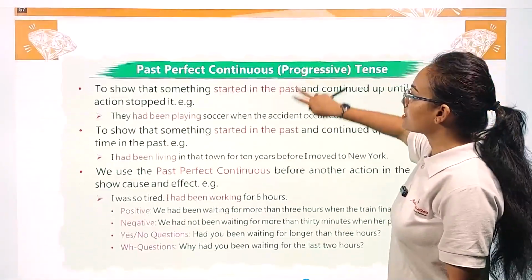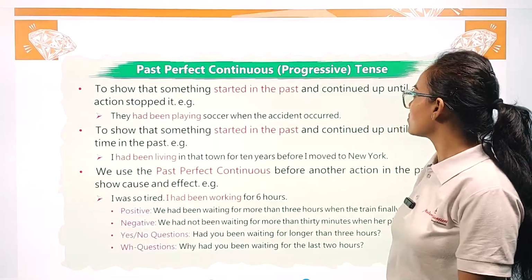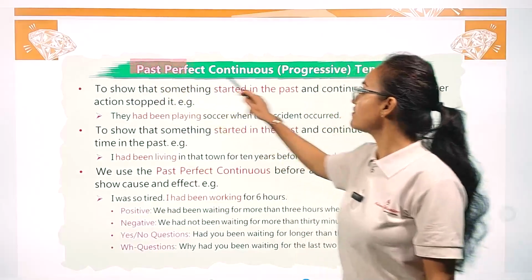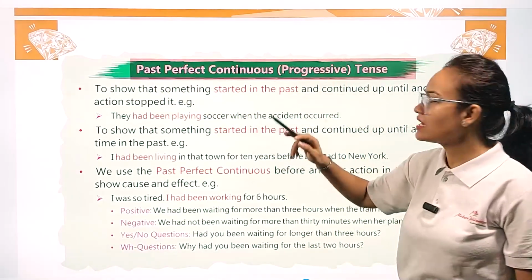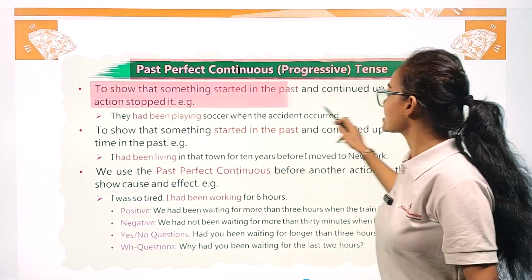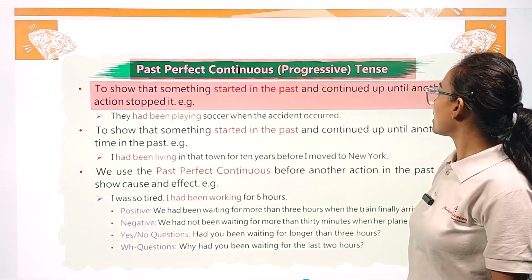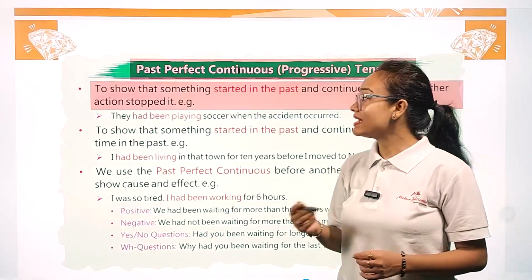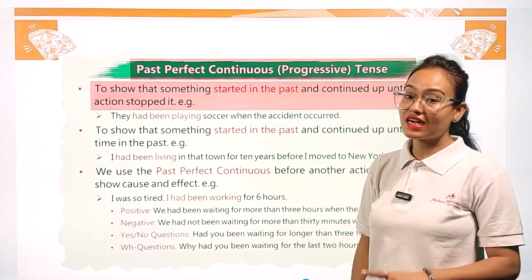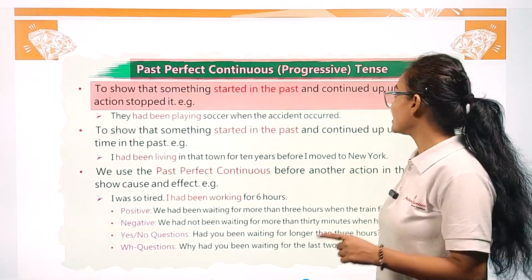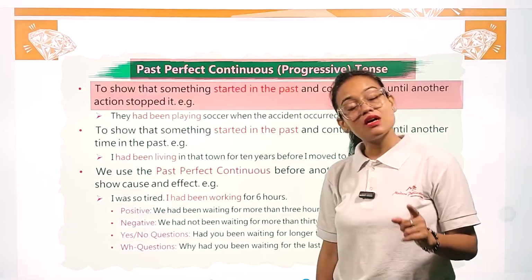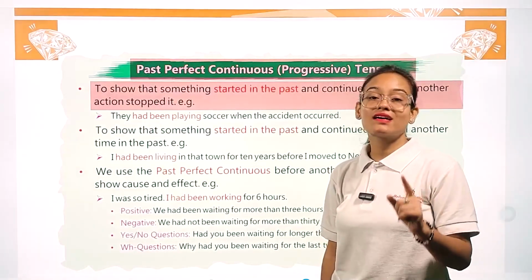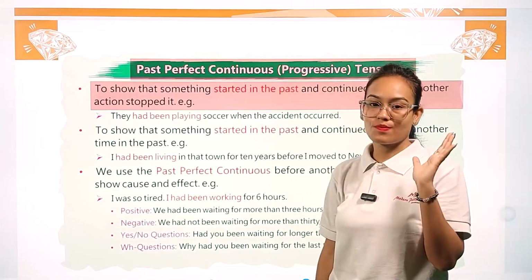Now we are going to see past perfect continuous or progressive tense. What is the meaning of past perfect continuous or progressive tense? To show that something started in the past and continued up until another action stopped. So my dear student, whenever any action started in the past and continued till that time when another action stopped.